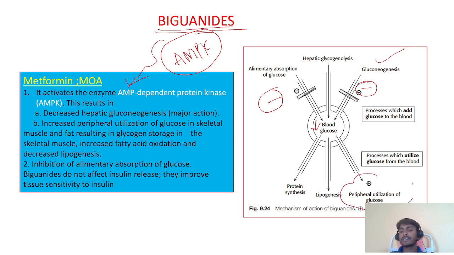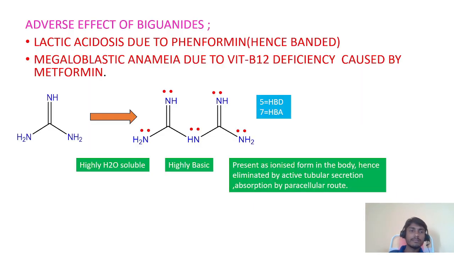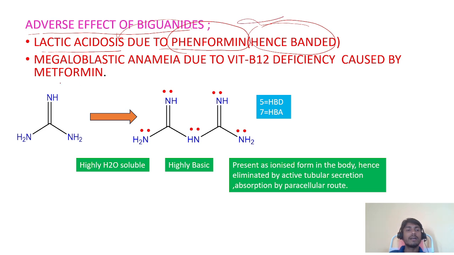Along with it, they stimulate the peripheral utilization of glucose. That is the mechanism of action of biguanides. Adverse effects of biguanides: lactic acidosis can be caused by phenformin, hence phenformin was banned. Next, megaloblastic anemia due to vitamin B12 deficiency is caused by metformin.